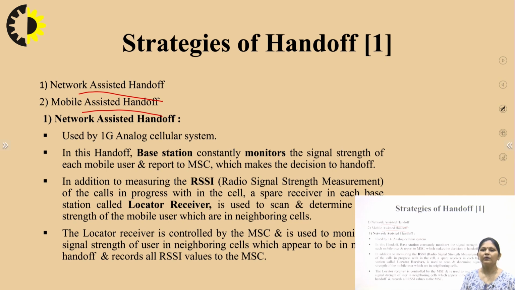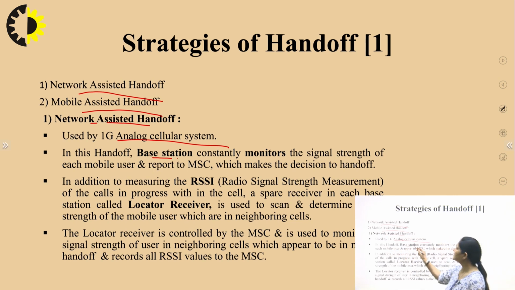Whether it drops below a certain level, how will it be monitored? It can be monitored by the network or by the mobile. If it is monitored by the network, then it is called network assisted handoff, and if it is monitored by the mobile station and then handover occurs, it is called mobile assisted. Network assisted handoff was used in the 1G analog system.